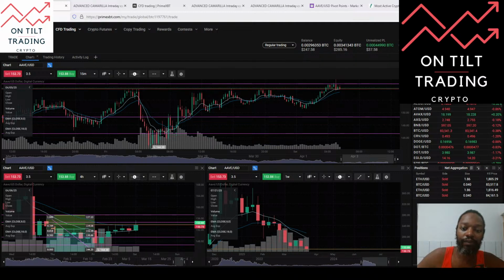And this light blue line here is the 9 exponential moving average.